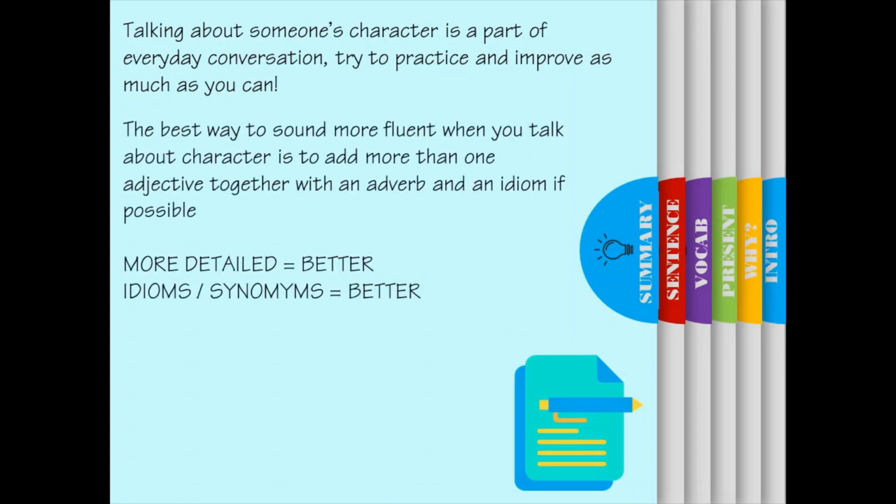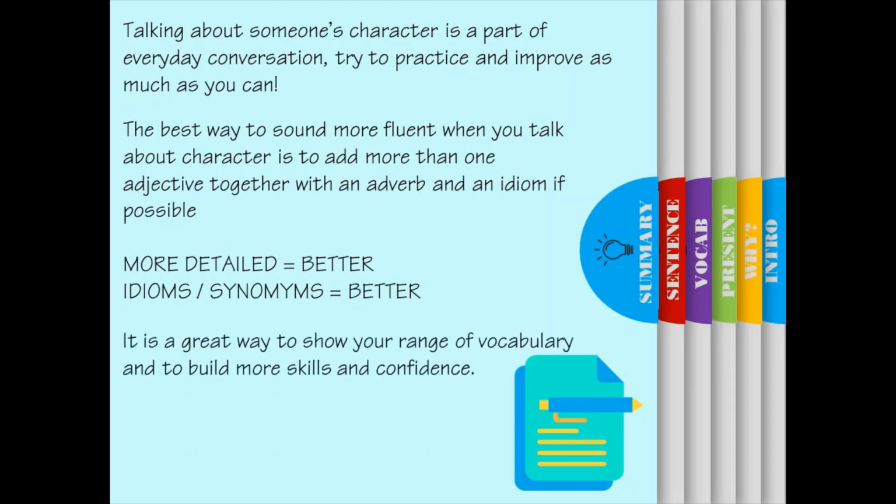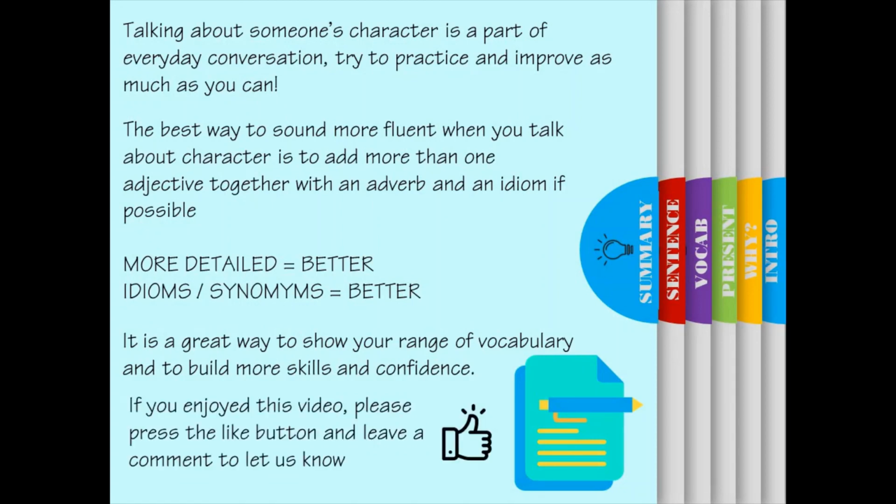So the best way to sound more fluent and natural is to add as many details together as possible. Add more than one adjective with an adverb and an idiom if possible. This is a great way to show your range of vocabulary and to build more skills and confidence.